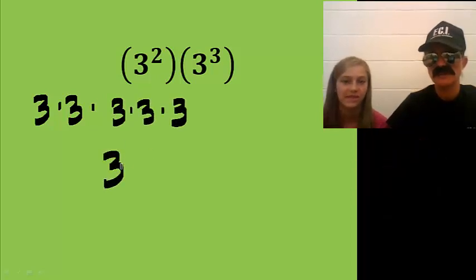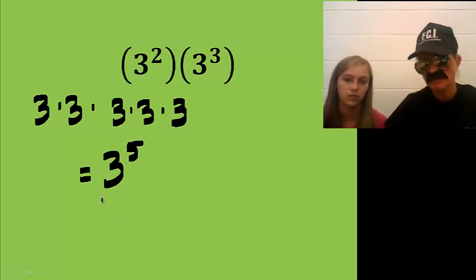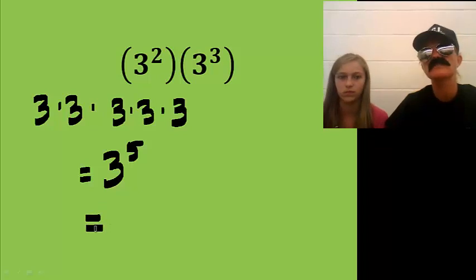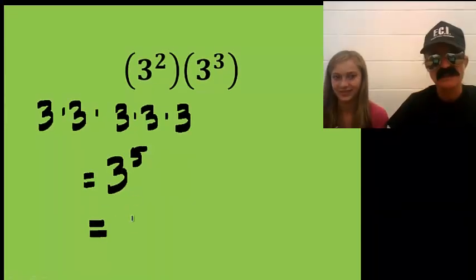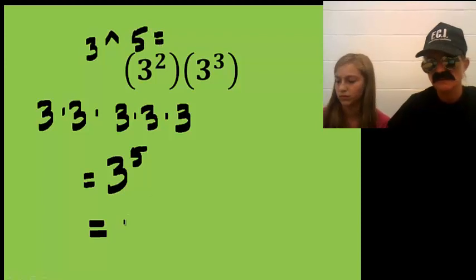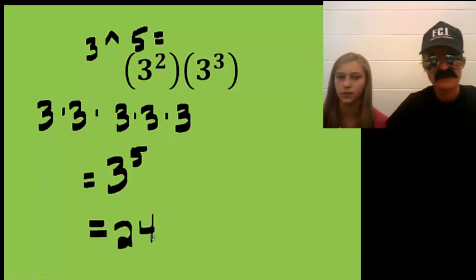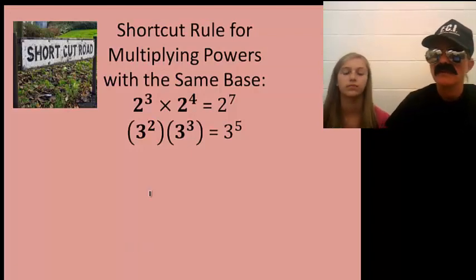So my base is 3, and how many total 3s did I have? 5. So that's writing it exponentially, and now express it numerically. Again, she's putting it in the calculator. I'm going to write it up here: 3, that little caret, and then a 5, and equals 243.